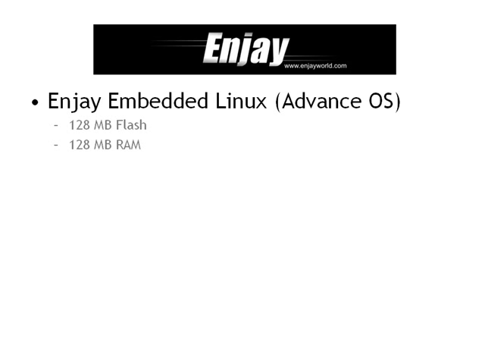This is Advanced OS, which fits in 128 MB flash memory and requires 128 MB of system RAM. A complete next-generation embedded OS, with all the features you can think of. In coming slides, we will discuss the features of Enjay Embedded Linux Advanced OS in complete detail.